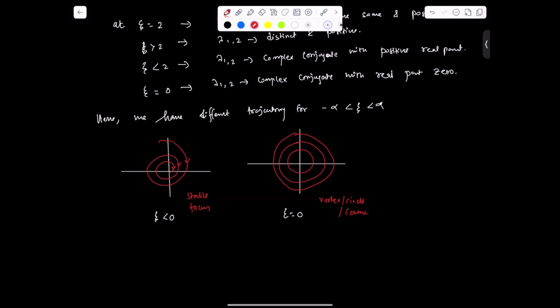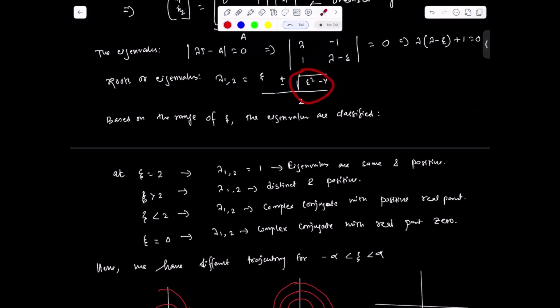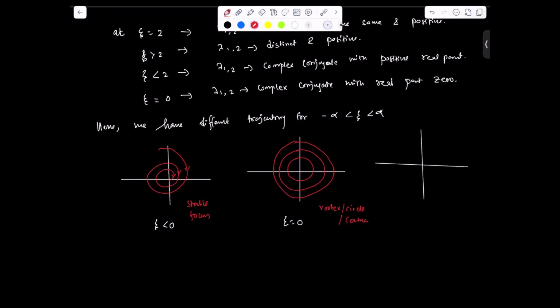Now, if zeta is greater than 0, let's look. If zeta is greater than 0, then obviously this is complex conjugate maybe, but here actually we'll have positive values, right? So in that case, it may actually diverge, right?